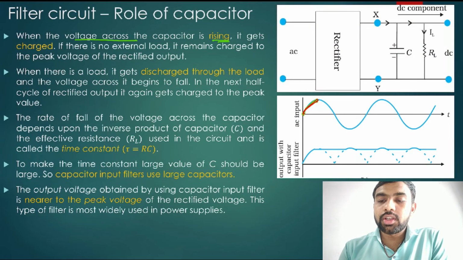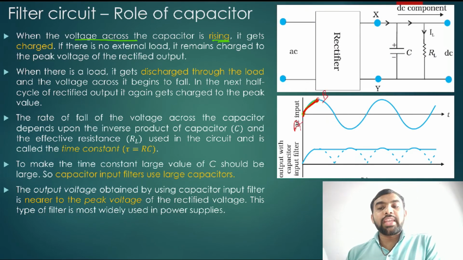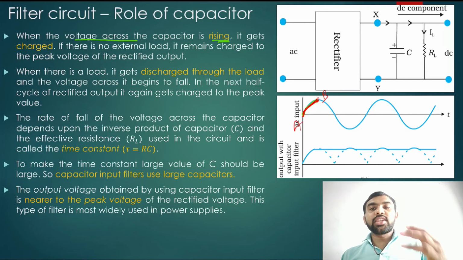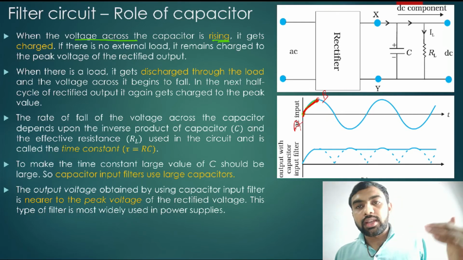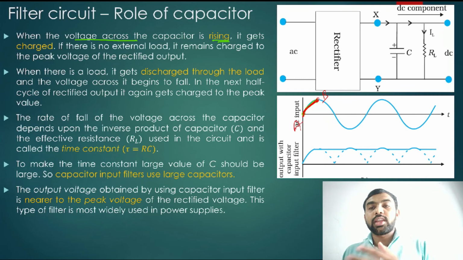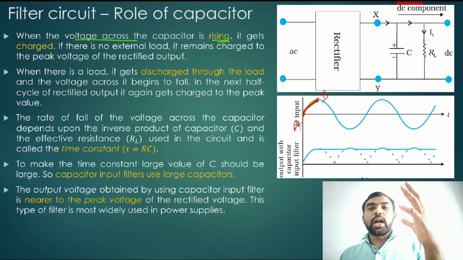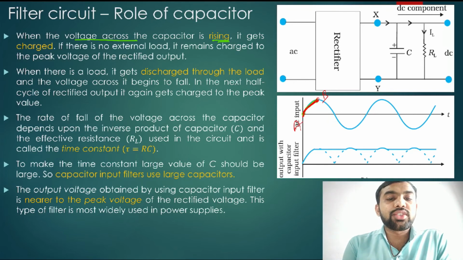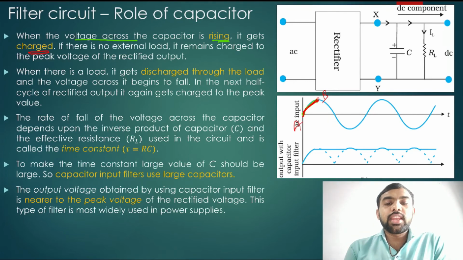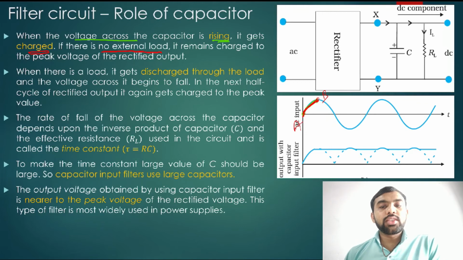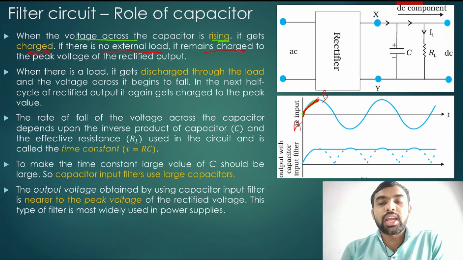See, current increases from A to B. At that time the capacitor is charged, means the additional charge passing through the circuit is absorbed by the capacitor. If there is no external load, then it remains charged as it is.